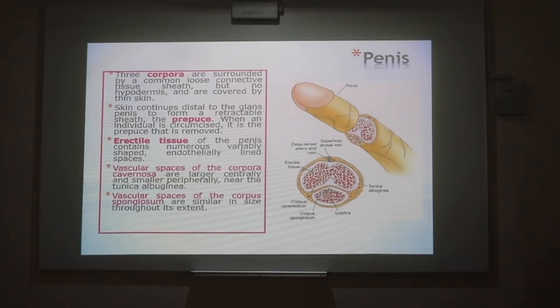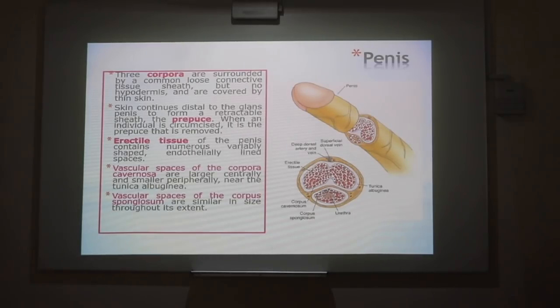That's why if somebody has erection for several hours, it's a medical emergency and you need to decompress the erectile tissue by taking the blood out from the corpora cavernosum and other places so that the erection goes down, because prolonged erection is going to damage the parasympathetic nerves, and then after that, even if you give Viagra, it is not going to work because there are no parasympathetic nerves left to secrete acetylcholine, which is going to result in secretion of nitrous oxide.